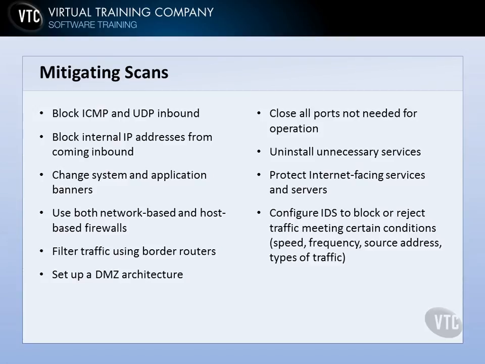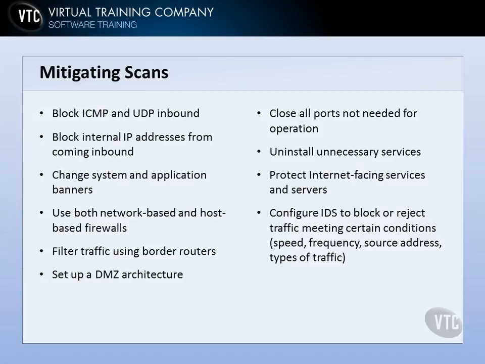This will help prevent anything from getting into the internal network that doesn't need to. Obviously, you would want to close all of your ports that you don't need. If you don't need port 80 on a box, close it. Uninstall any unnecessary services. This could mean SMTP, SNMP, and so forth. You also want to protect any internet-facing services and servers. Again, put these in the DMZ if you need to.